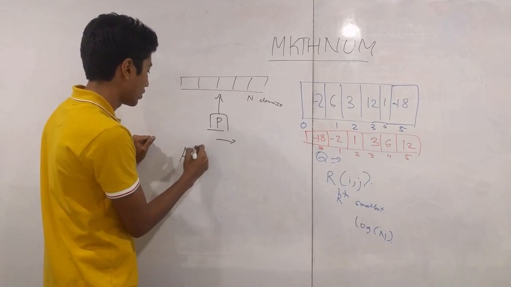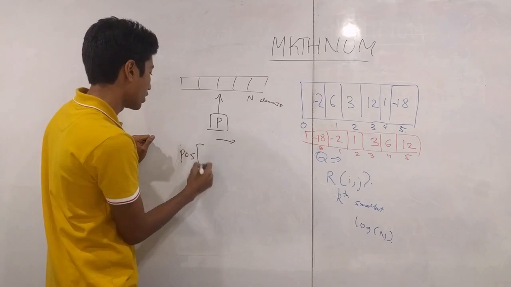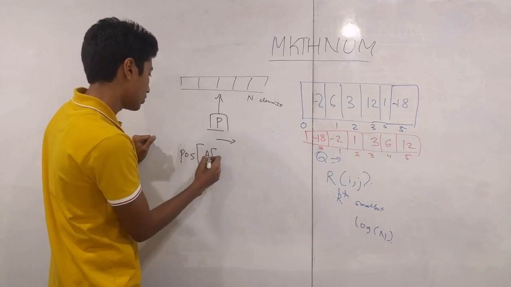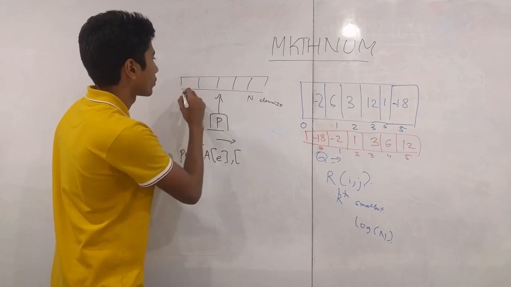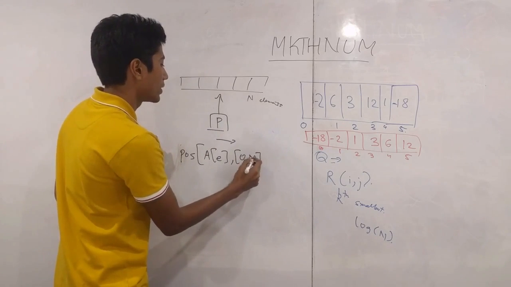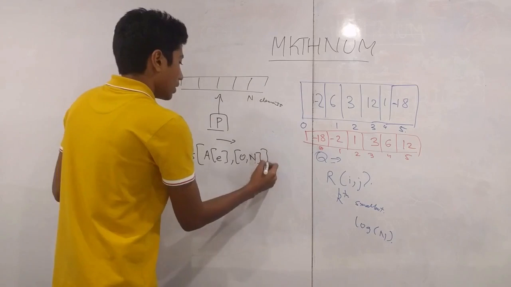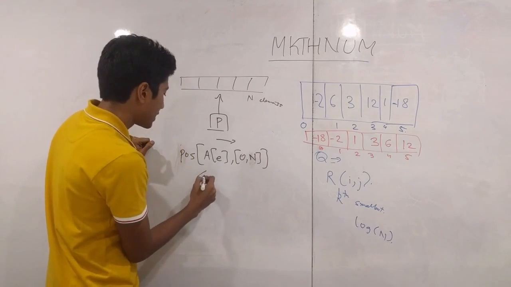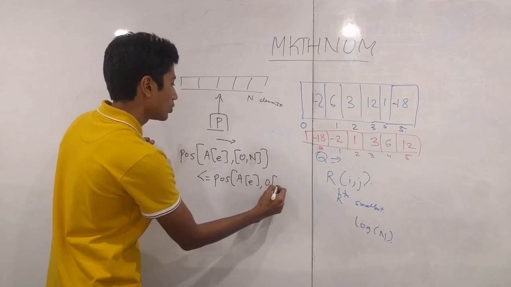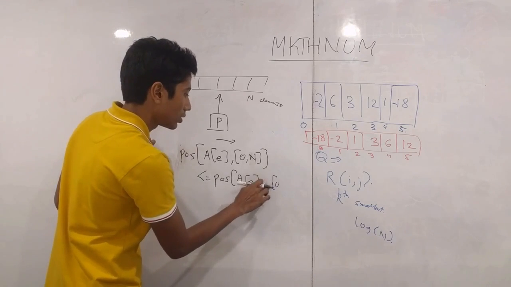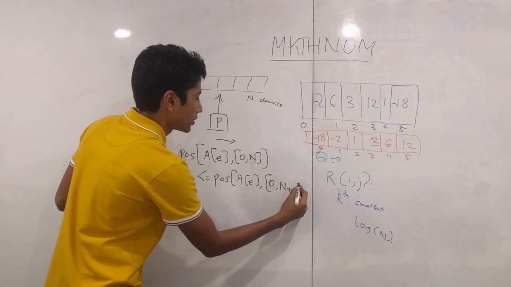So if we have, let's say, position, this gives you the value of p. Position of an element e from 0 to n elements, is always less than equal to the position of the same element e from 0 to n plus x elements.